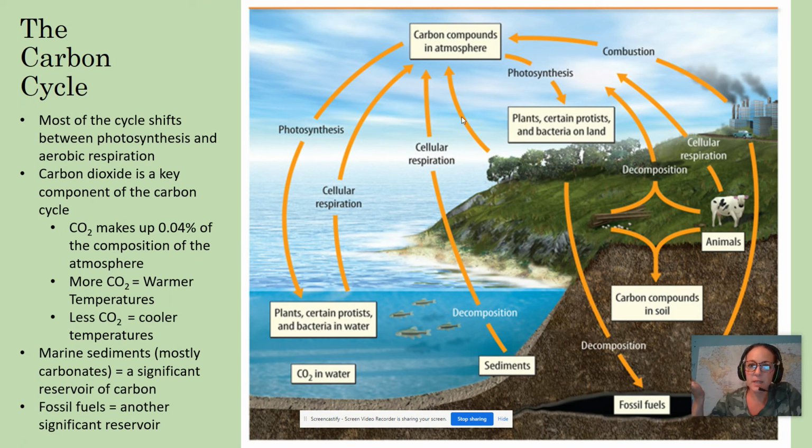What we're also seeing is that by increasing the amount of CO2 in the atmosphere, more of that CO2 is being absorbed into the water part of the ocean, creating carbonic acid, which is lowering the pH of the ocean. So that has an impact as well on organisms in that.